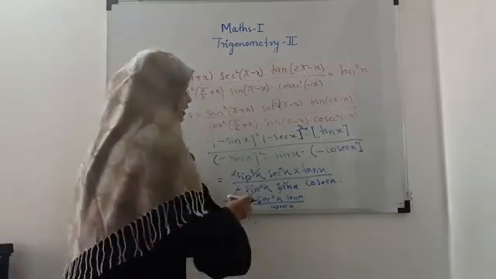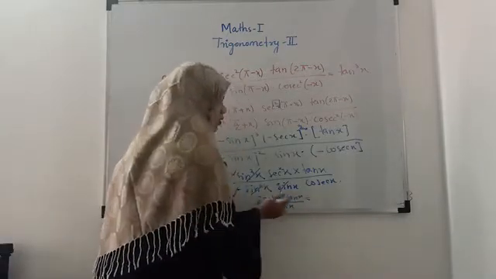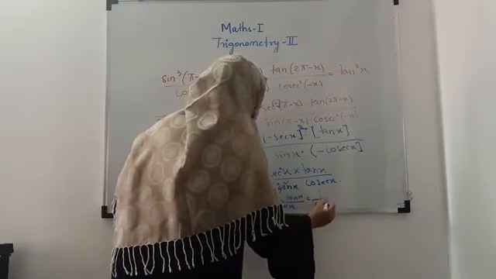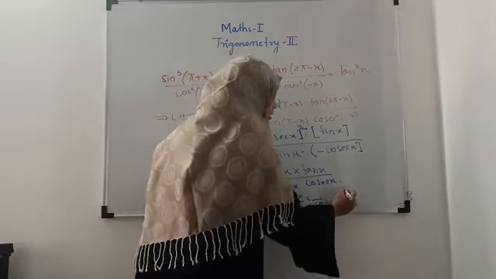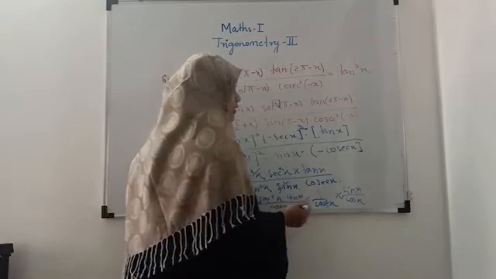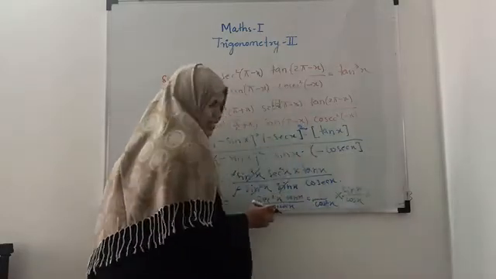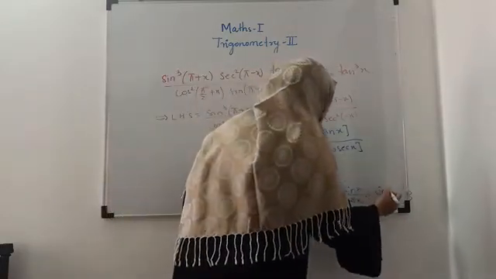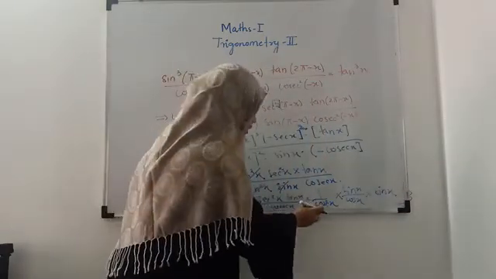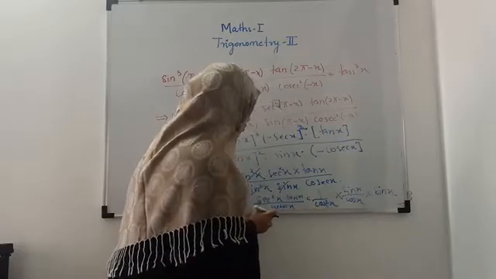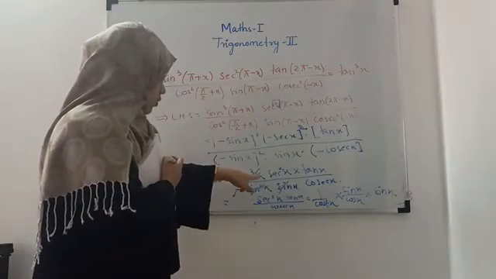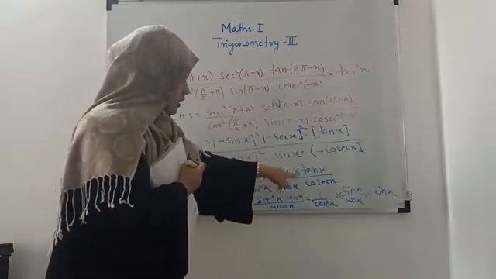Okay. Now sec square x can be written as, see, sec square means 1 upon cos, so here it is 1 upon cos square x. Now tan x can be written as sin x upon cos x, and this cosec can be written as 1 upon cosec, so that will be sin x. Yes, so here cos square is there, and here also it should be cos because we want tan cube. Now just check me out. This is sin cube, this is sec square, this is tan x.